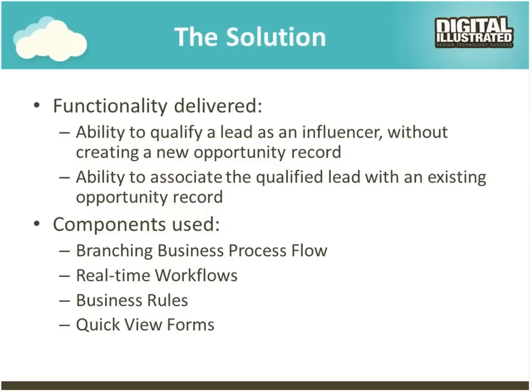In addition, we can easily add a feature that allows us to associate this qualified lead with an existing opportunity record. For example, if Iris worked in a company that's already in our sales pipeline with another opportunity, we can easily connect Iris's contact record with that opportunity as an influencer and keep enriching the data in CRM via these custom processes.